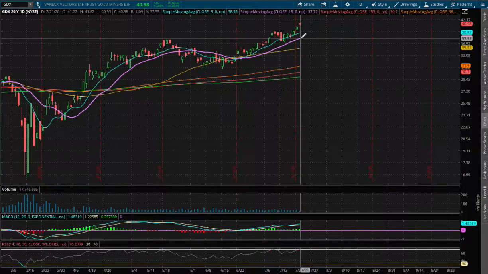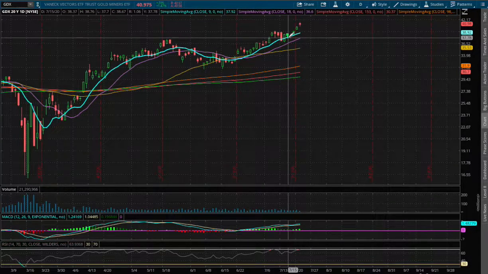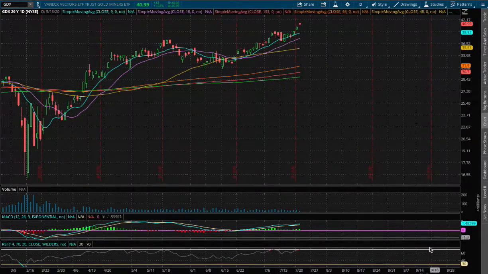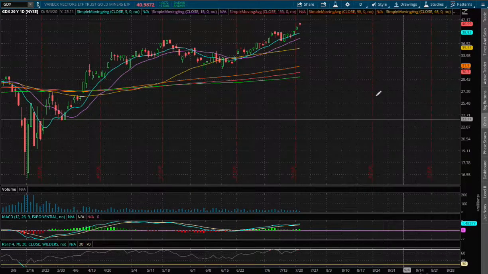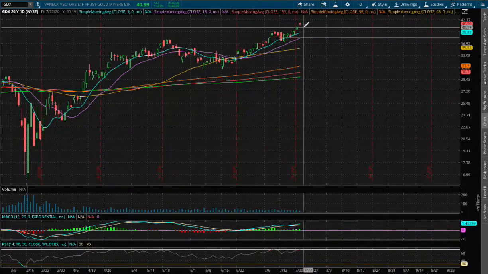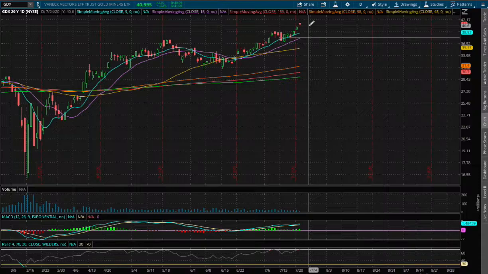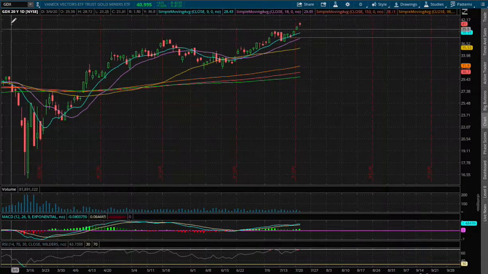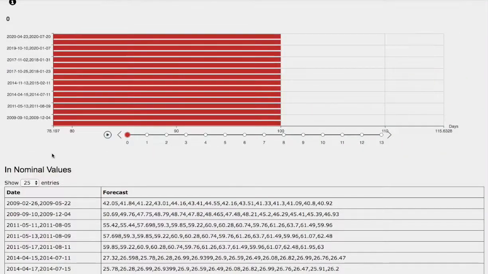That coincides with the 18-day moving average, this purple line, and previous support levels that dated all the way back to July 10th. So that will be our first immediate support if we do reverse down lower. At the moment, there is still continued upward momentum, and let's head to the day-by-day probability model.